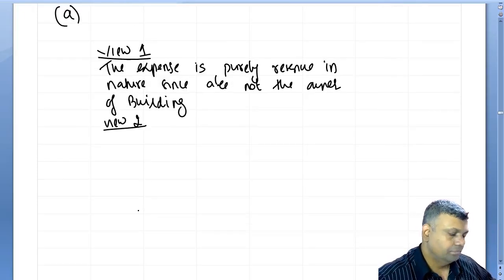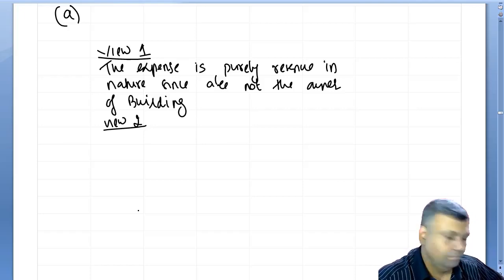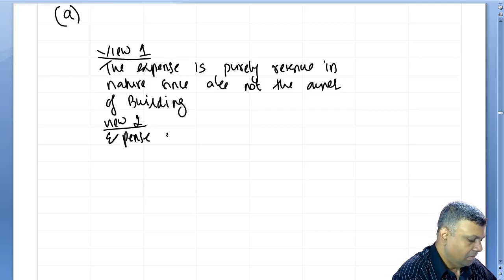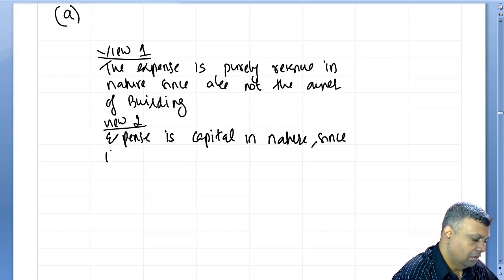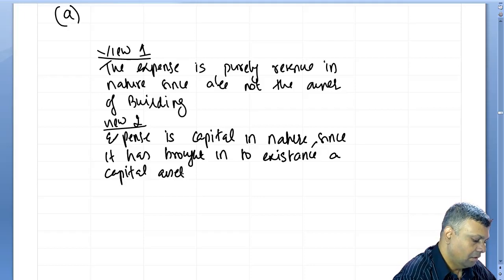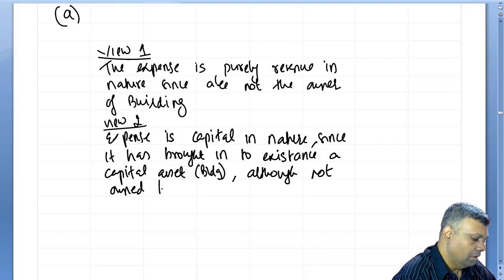View number 2. The expense is capital in nature since it has brought into existence a capital asset, that is, building, although not owned by the assessee.